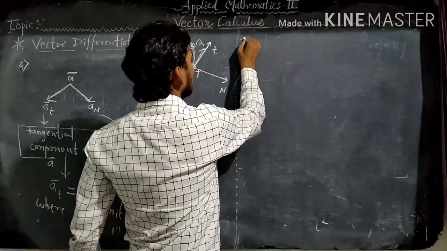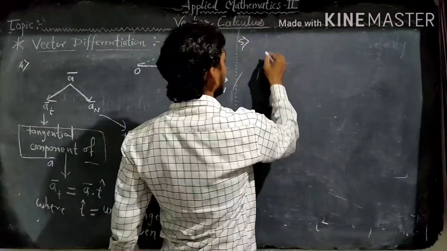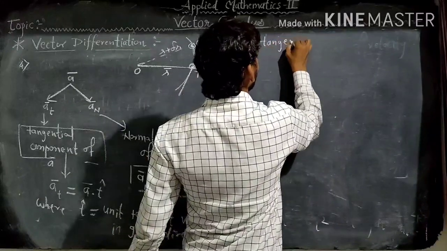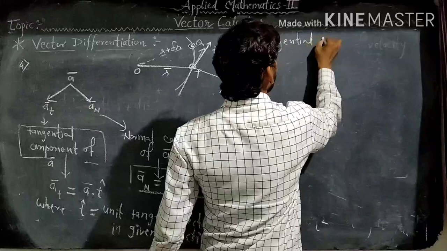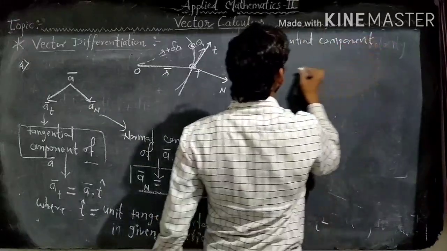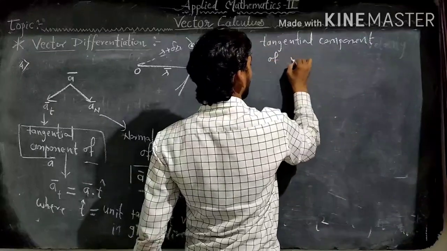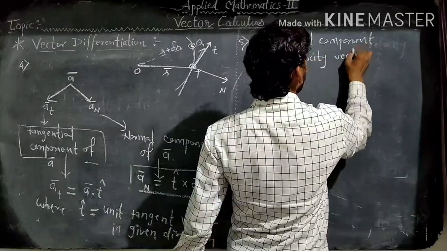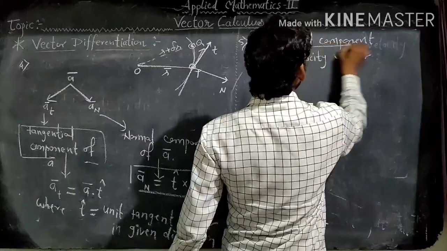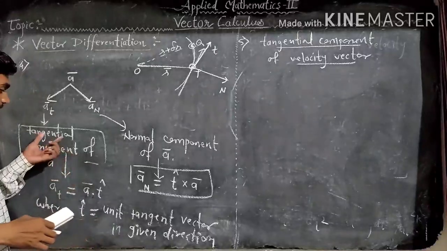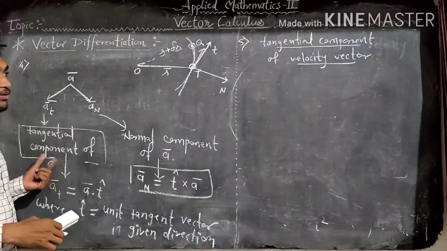Now next important point, that is tangential component of velocity vector. Tangential component of velocity vector is similar to the tangential component of acceleration vector.